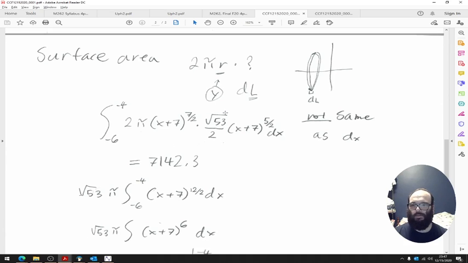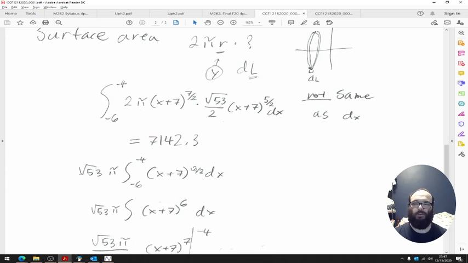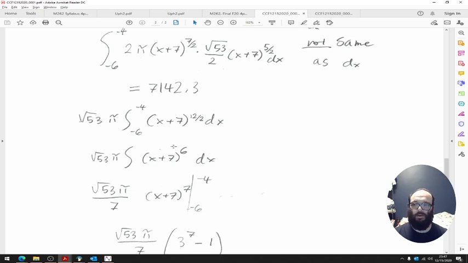But, like I said, this one's easy. You know, the square root of 53/2 and 2 pi, the 2's cancel. So you just get the square root of 53 times pi. And then you can take your (x + 7) to the 7/2 and your 5/2, and stick them together, and that's 12/2. Well, that's 6. The square root of something to the 12th is going to be something to the 6th.